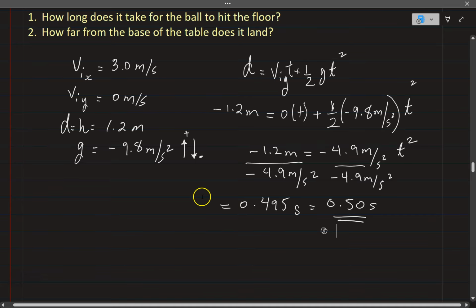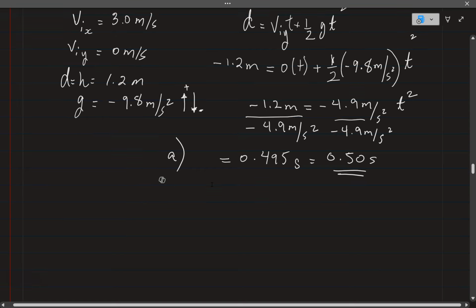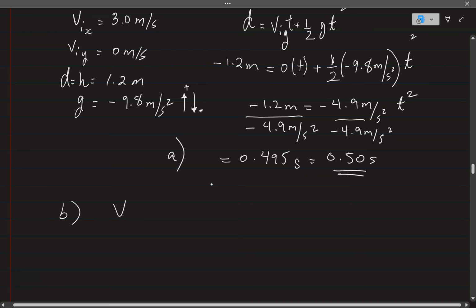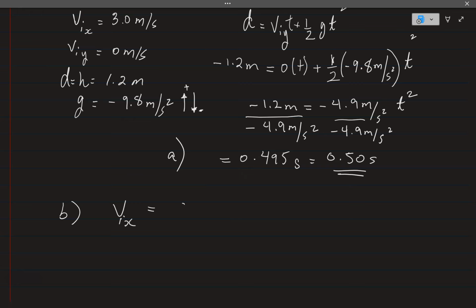That's part A. For part B, how far from the base of the table does it land, we're going to use the horizontal component of the velocity. So we're going to use this: V initial x equals distance over time. And we want to know what d is, so we're going to solve this equation for d. So d is equal to V initial x times t, and now we're going to plug in the numbers.